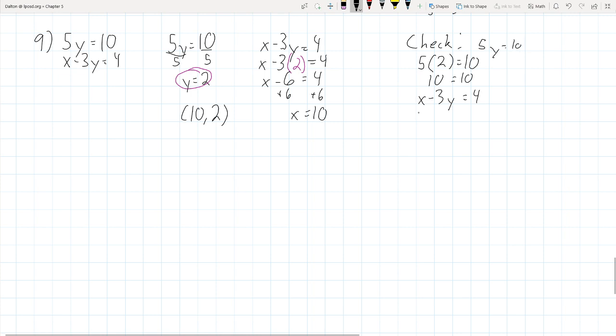Sorry. So x minus 3y equals 4. Anywhere that I have an x, I'm going to put a 10. Minus 3, anywhere that I have a y, I'm going to put a 2. Equals 4. 10, negative 3 times 2 is negative 6. Equals 4. 10 minus 6 is 4. 4 equals 4. Checks out.